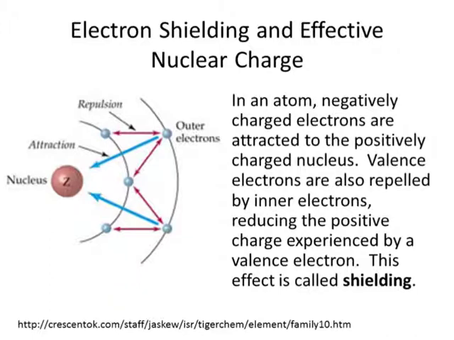The more shielding there is by innermost electrons on the outer electrons, the less effect the positive nucleus has on the outer electron. So the more shielding there is by the inner electrons, the larger the atom would be, because the outer electrons would be less attracted to the positive nucleus.